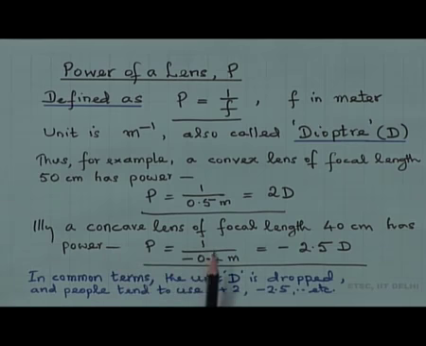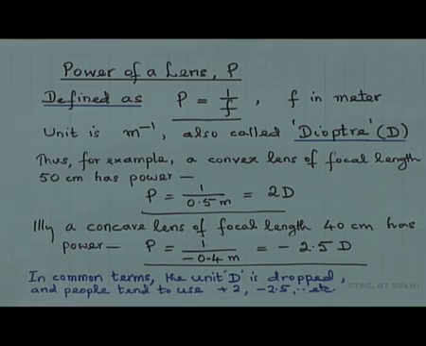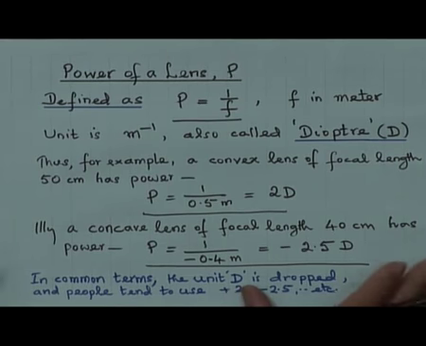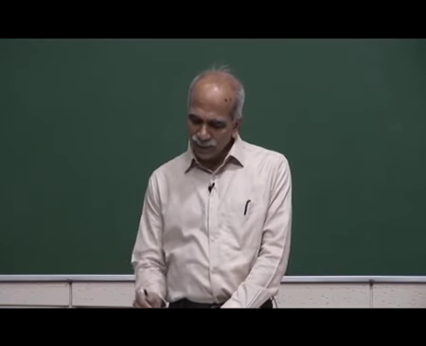Conventionally, when we talk, we drop this D and we say that the power is plus 2 or power is minus 2. This is what people refer to, particularly with regard to spectacles, the power of spectacles. Someone says that I am wearing a spectacle of power plus 2. So, a power plus 2, what does that mean?